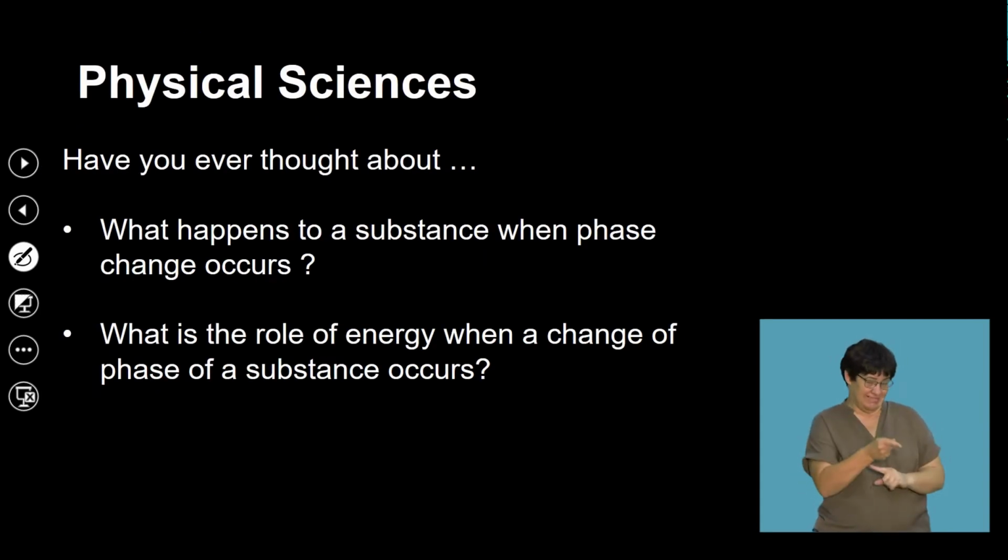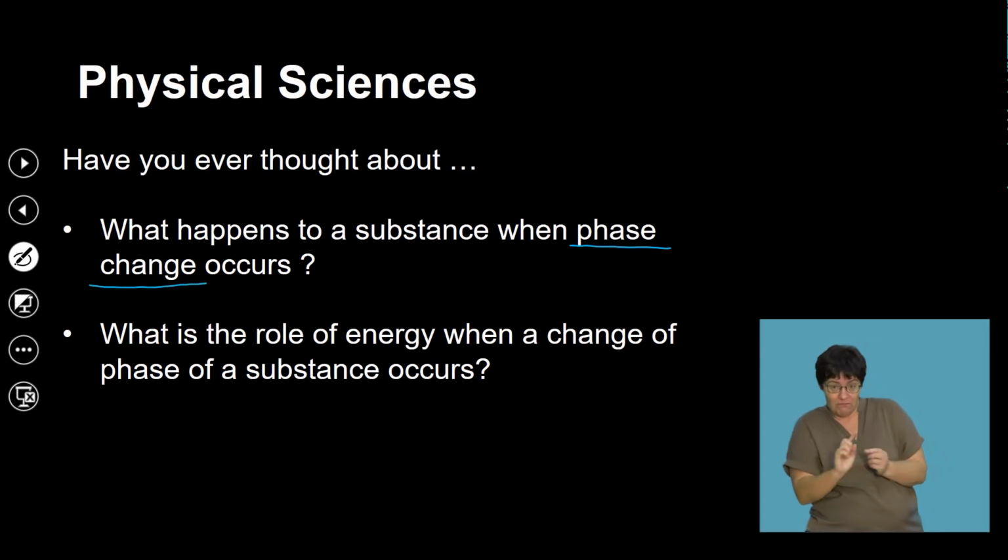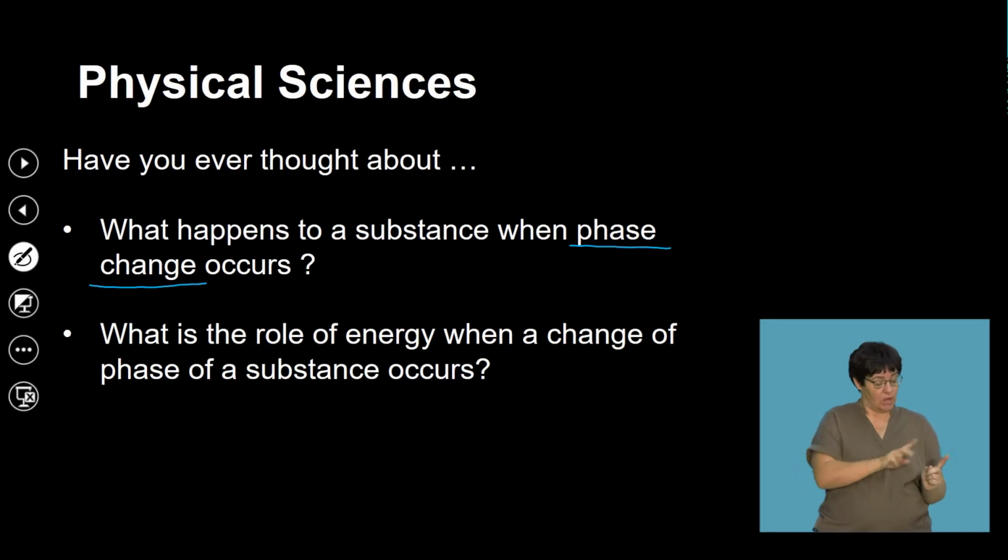Okay, so the thinking exercise that's going to guide our discussion for today is, have you ever thought about, number one, what exactly happens to a substance when a phase change occurs? So our emphasis in this case is exactly on the change of phase from one to the other amongst the three phases that we know of, which is the solid, the liquid, as well as the gas.